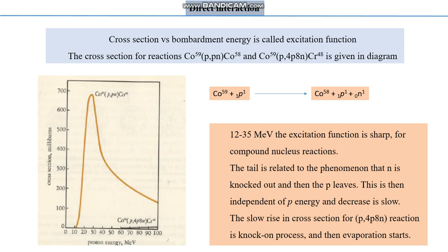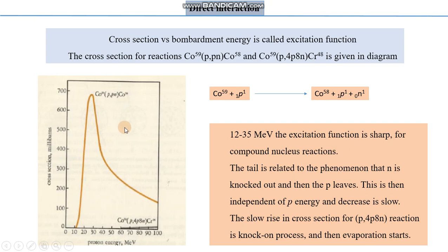We have to explain this cross section for various bombarded and target particles. If you remember, this was a graph, and another graph was also explained where the excitation function can be observed for a reaction where one cobalt isotope is used to produce another cobalt isotope.